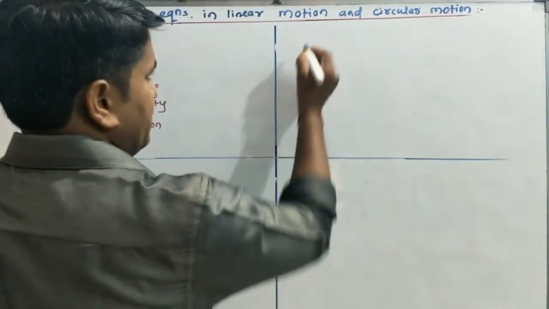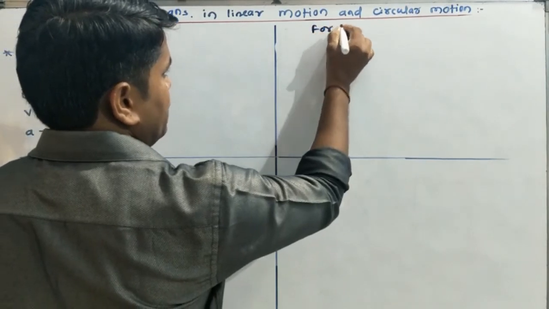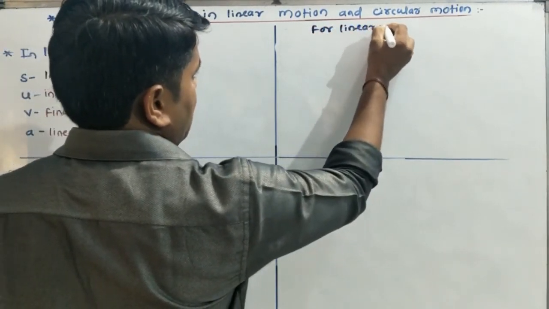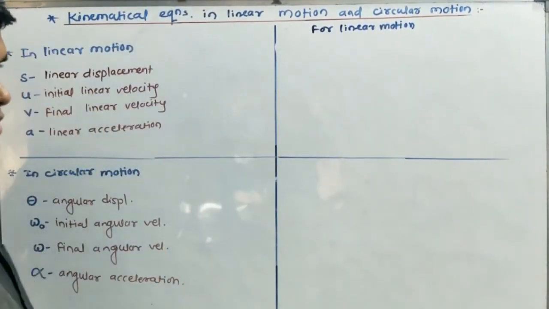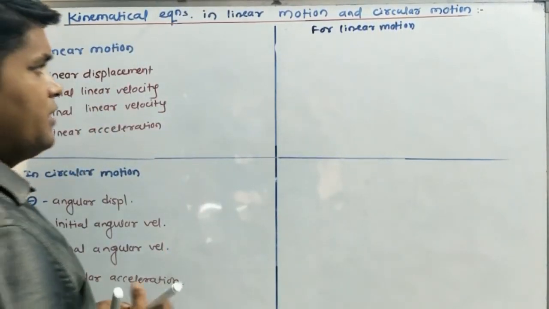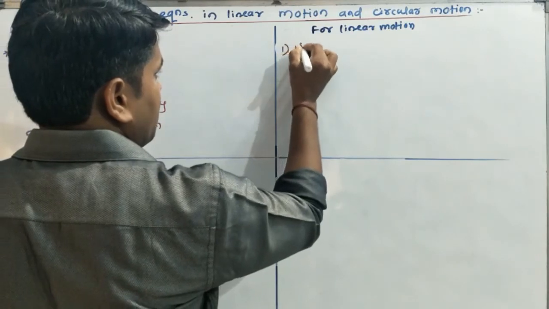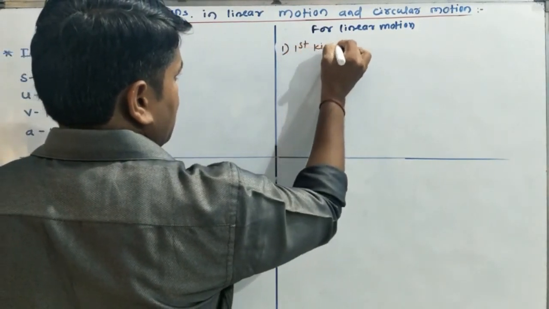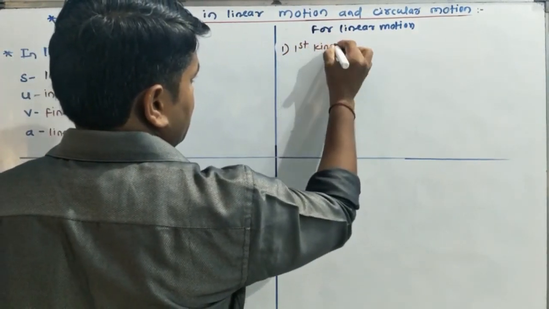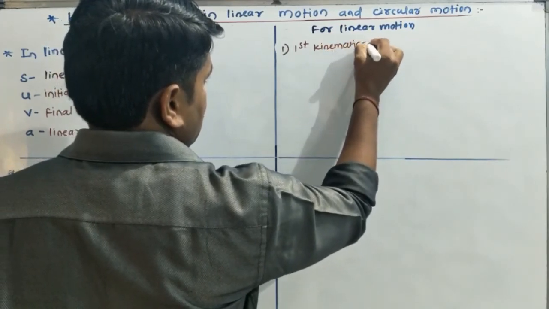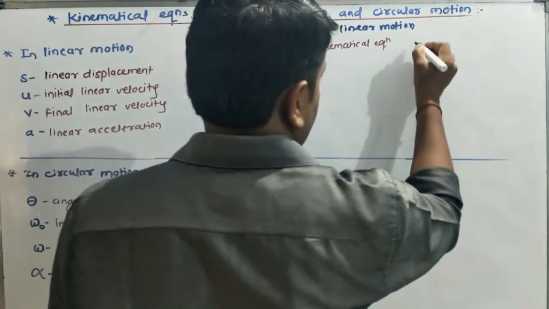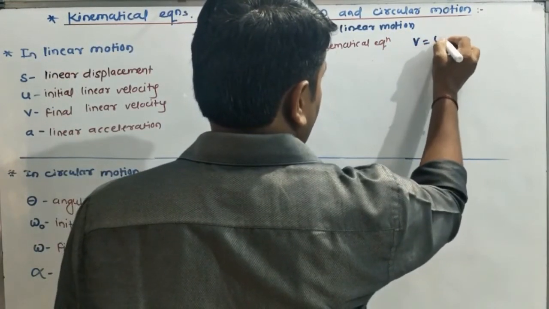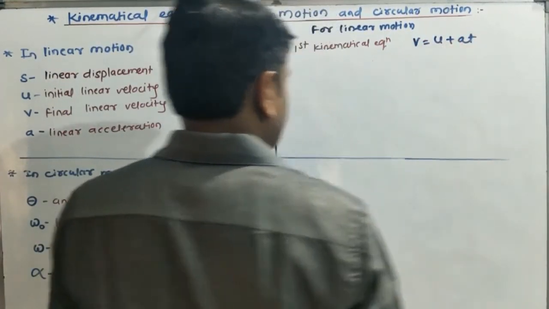Okay, so by using this notation, we can write the kinematical equations for linear motion. There are three kinematical equations. The first kinematical equation is v is equal to u plus at.